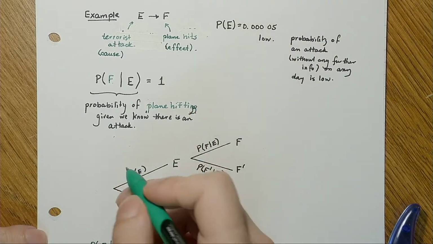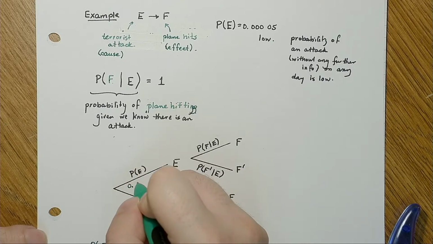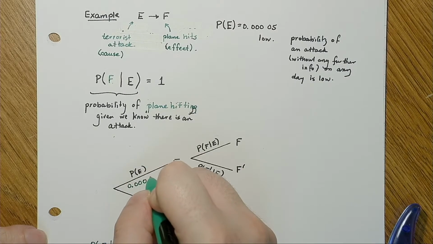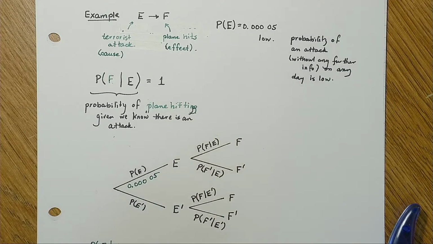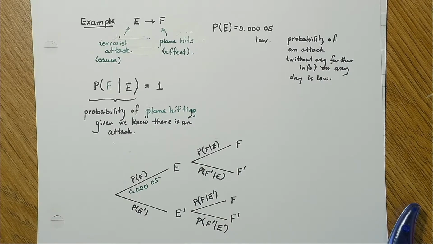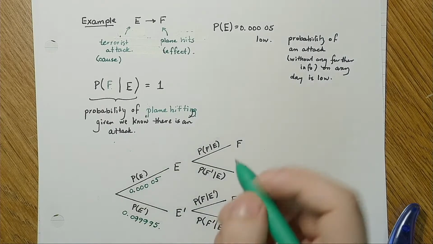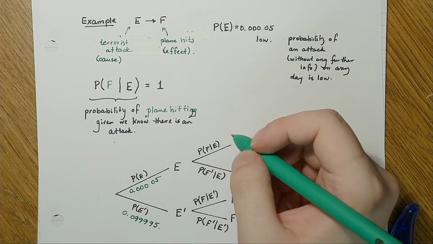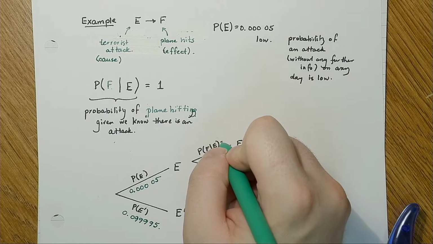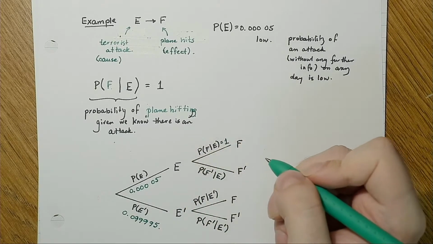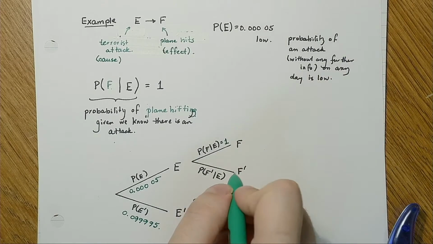So then over here, I have quite a low probability, so I can label this on the diagram. And then on the complement, we just know that it has to be 1 minus that, right? So that is 0.999995. Okay, over here, that's equal to 1, which means that this is equal to 0.